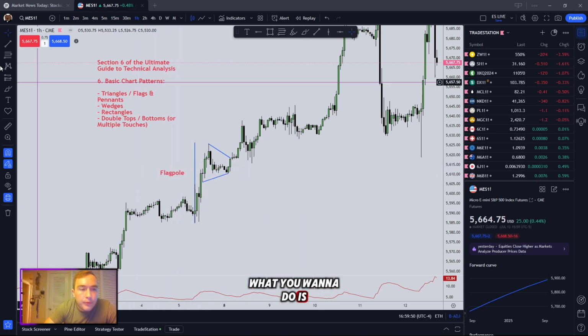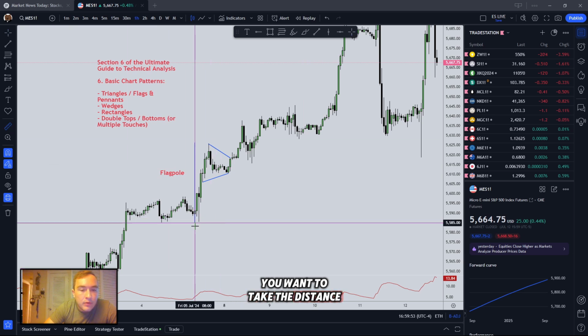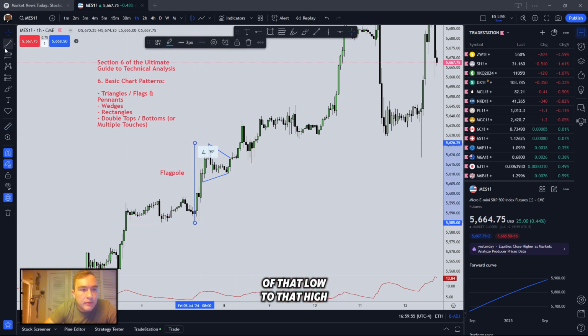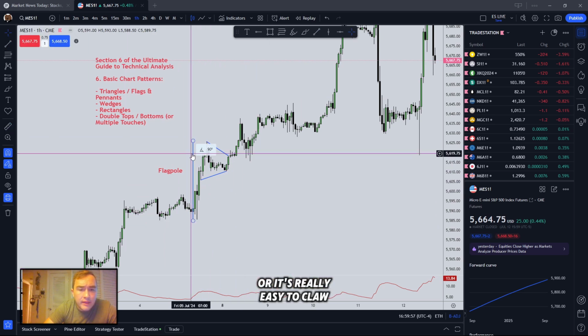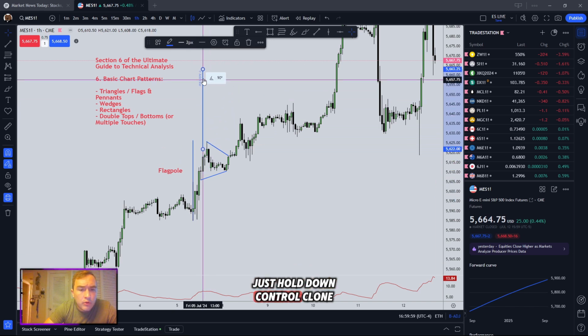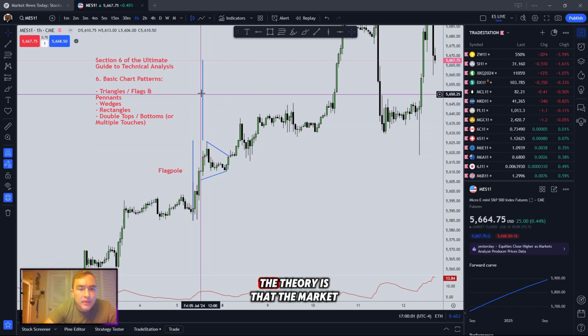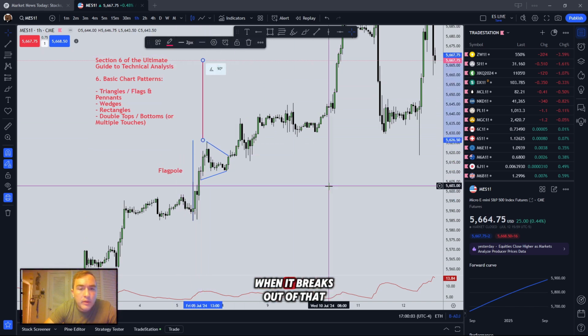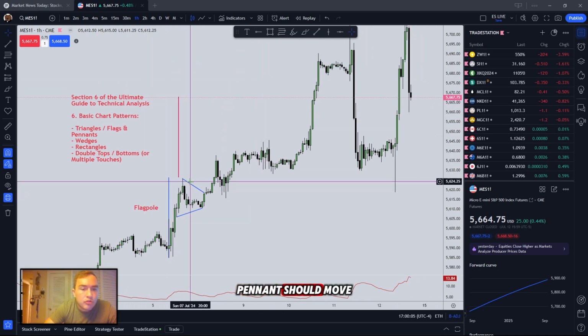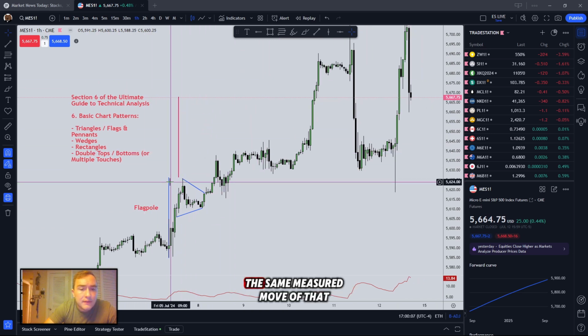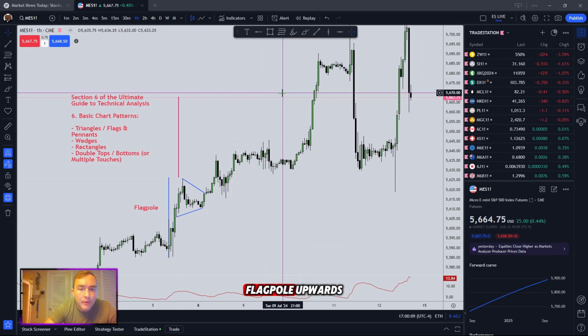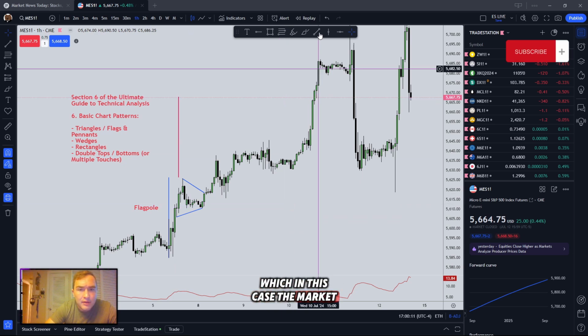What you want to do is take the distance of that low to that high. It's really easy to clone. Just hold down Control, clone. The theory is that the market, when it breaks out of that pennant, should move the same measured move of that flagpole upwards, which in this case the market did.